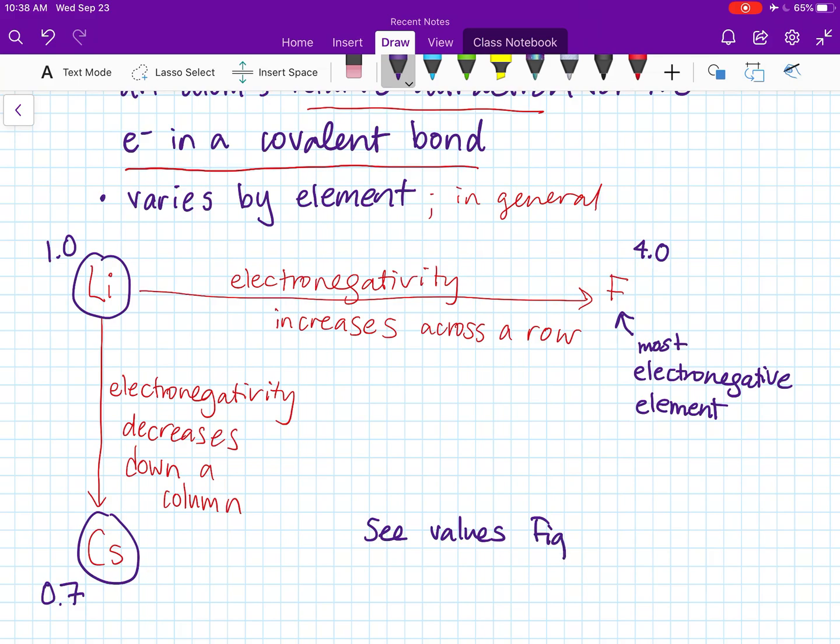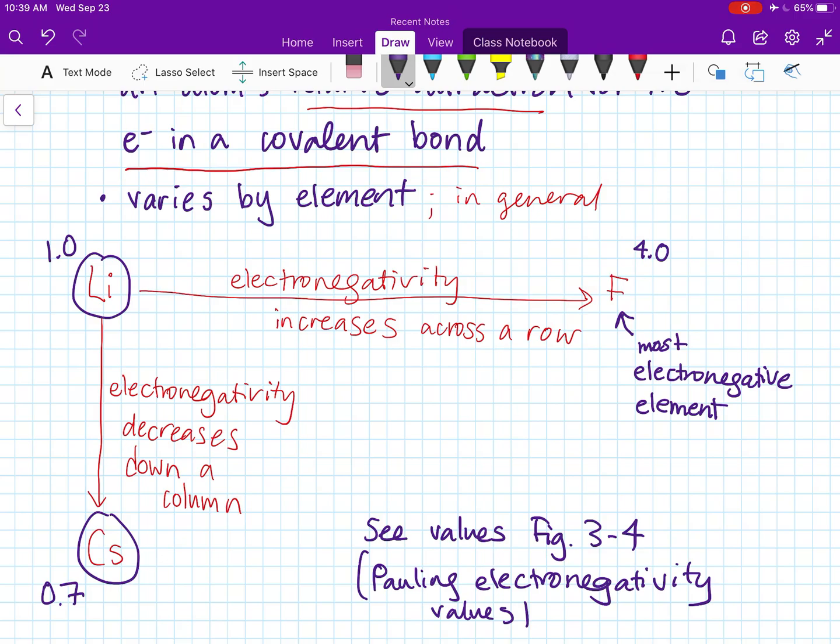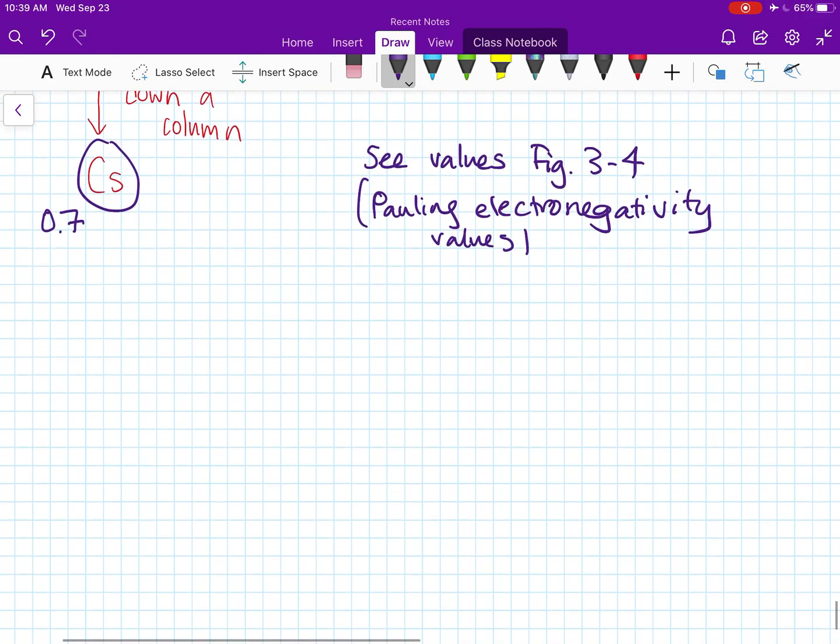You don't have to memorize them. They're in figure 3-4 of your book. These are Pauling electronegativity values. But you can just use the periodic trends when you don't have those values handy to predict relative difference in electronegativity between two bonded atoms.